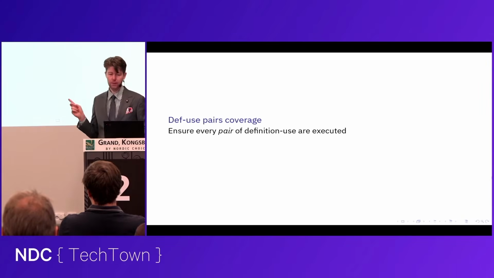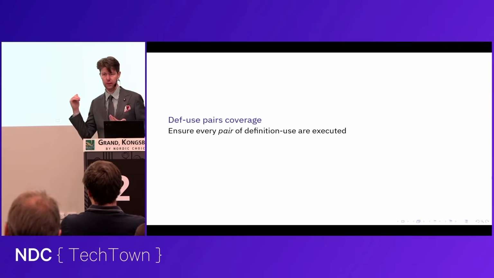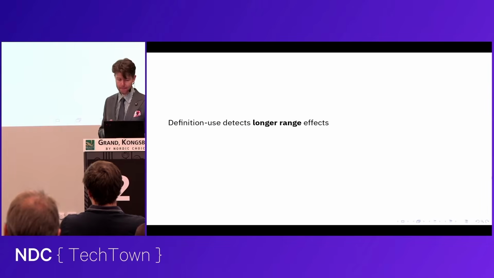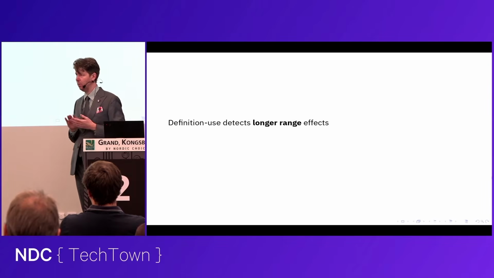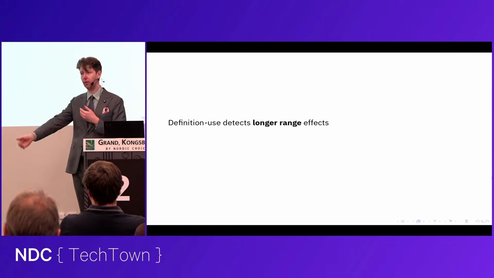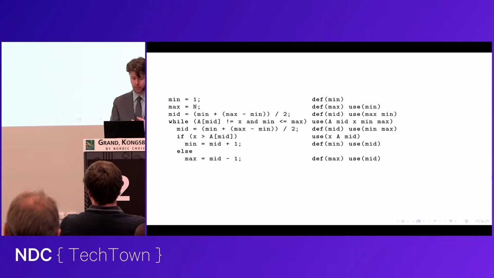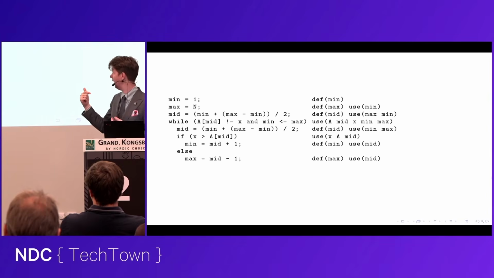So to achieve definition use pair coverage, you need to ensure that every pair of these definition uses has been exercised or executed. Now, the big departure here is that the definition use detects longer range effects, right? So for example, here the mid is defined on line 3, used in 4, then it's redefined in 5 and used either in 8 and 10 maybe.